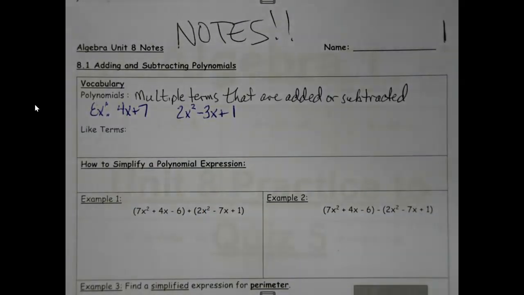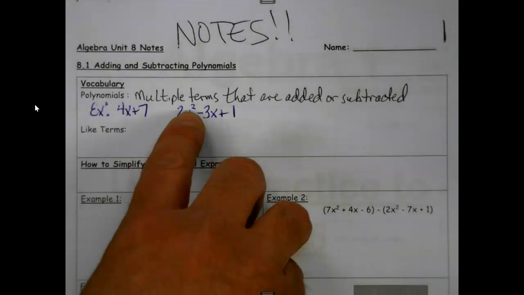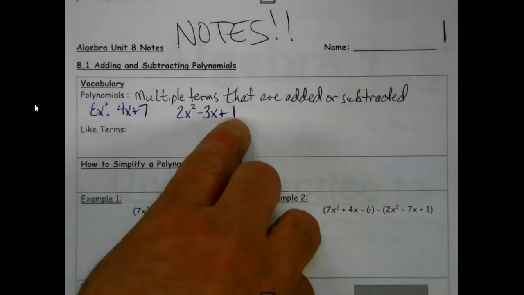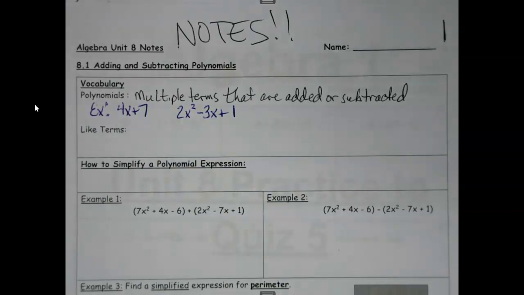Or here we have 2x squared minus 3x plus 1. I have three different terms that I'm adding and subtracting together. Good question. But it's typically going to be more than one. If it's a polynomial, it could be a lot. It could be 6, 7, 8 of them that we run into at times.